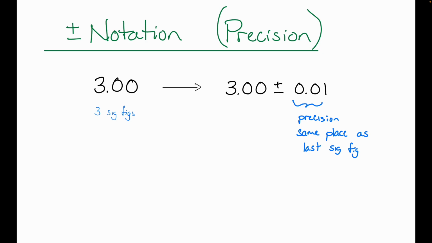All right, in a measurement, that last sig fig, we've just been calling it this last sig fig this whole time. We've indicated that with a bar. It's also got another special name called an estimated digit.